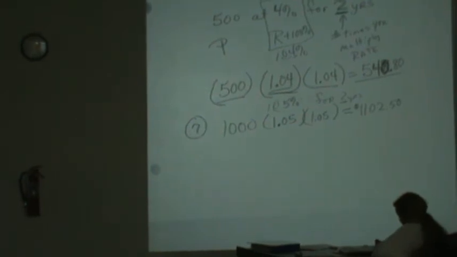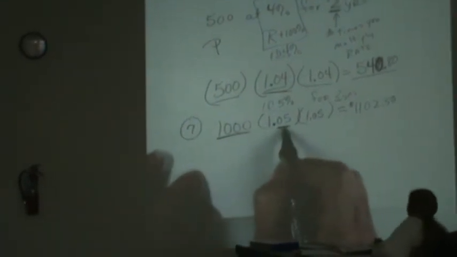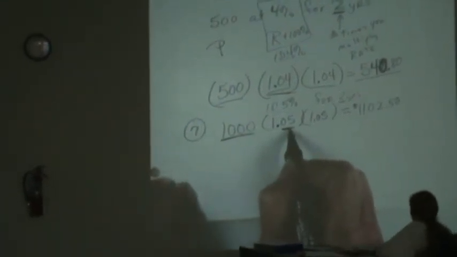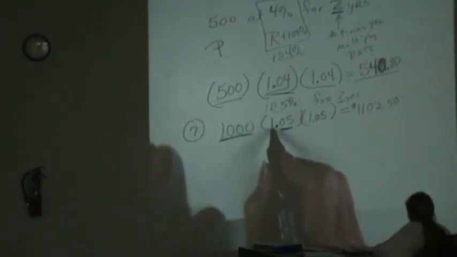You want to know why this works? Because when you multiply this times 5%, that gives you the interest. Doing the 100% adds it back onto it. See this interest we got here?